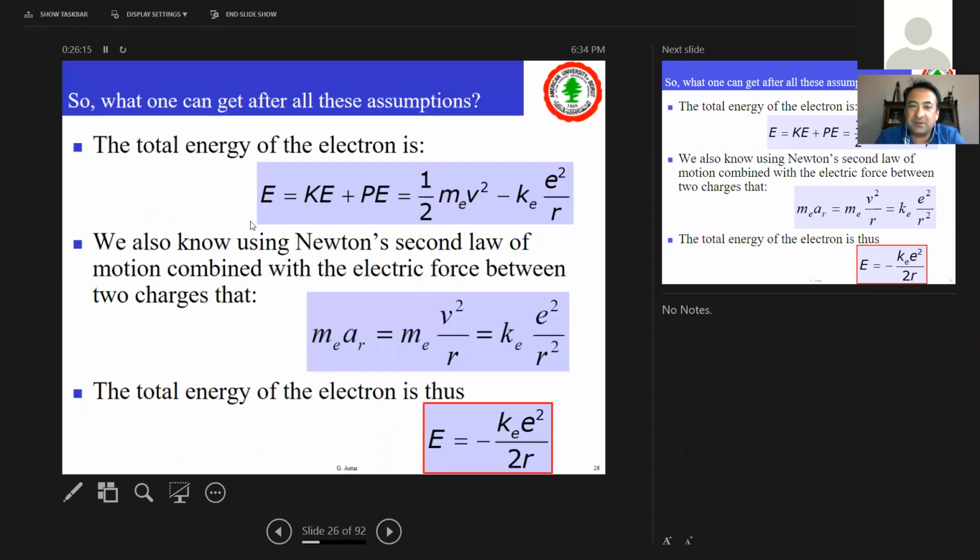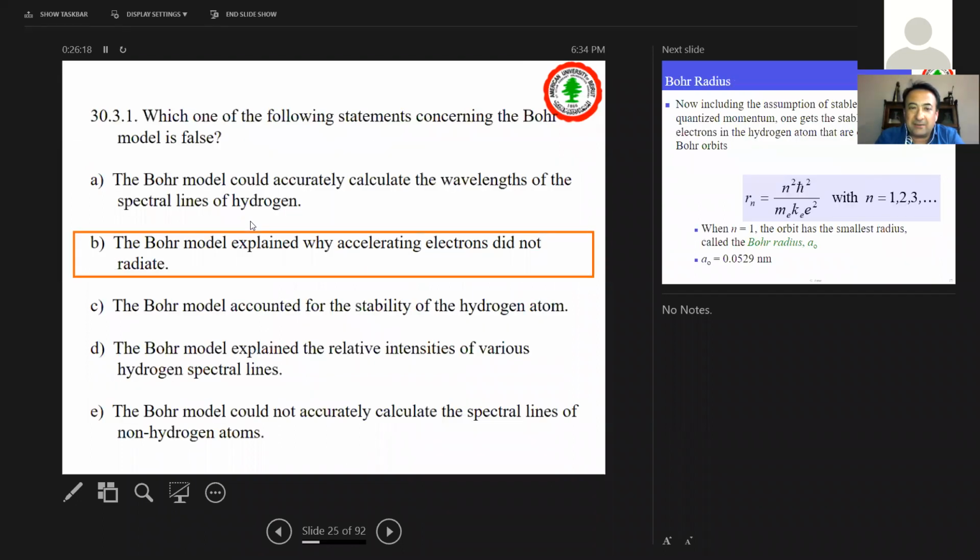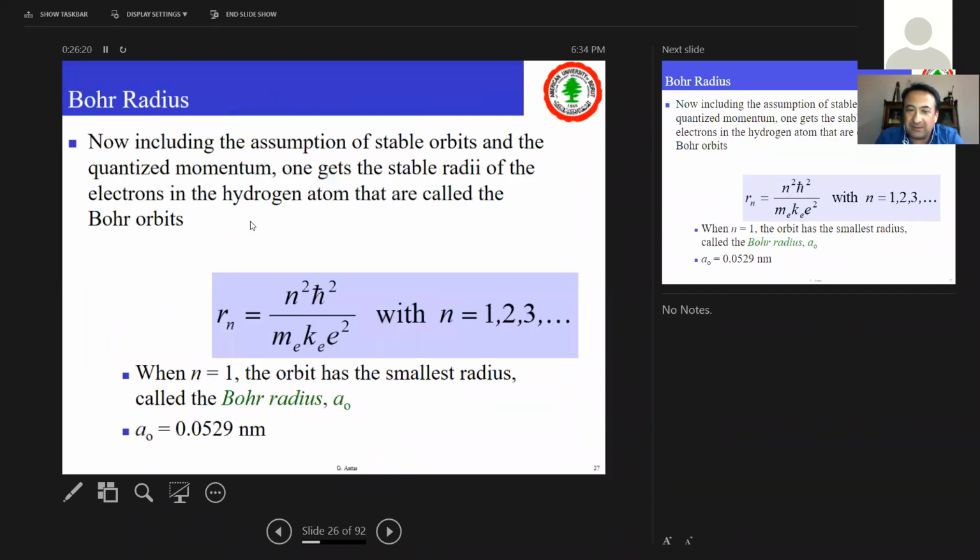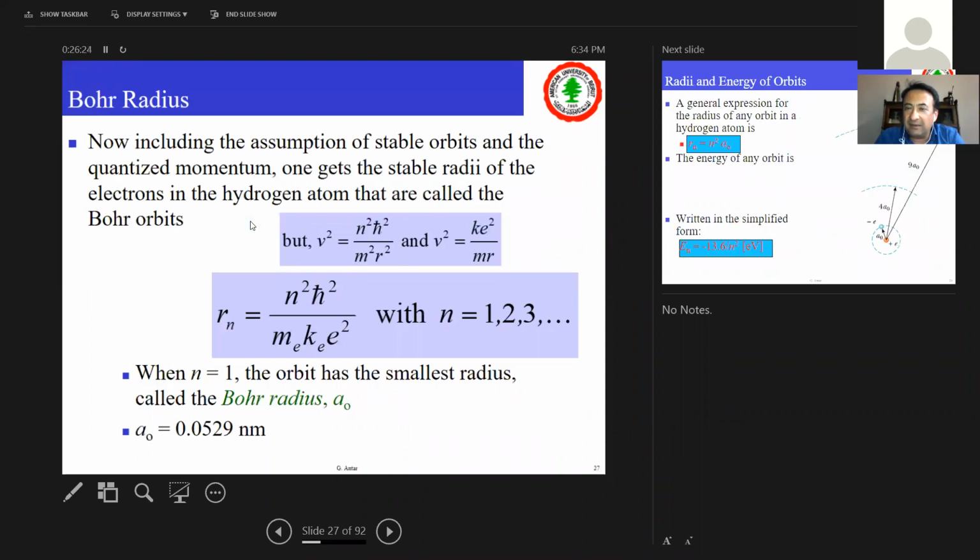And from this major assumption, one can show, I'm not going to go into the calculation, it's not required for you to know the calculation, but for people who would love to see that, it's very easy to demonstrate that these radii, r_n, are linked to a constant: n squared multiplied by h bar squared divided by the mass of the electron, k_e, which is the Coulomb's constant, and the charge of the electron squared.